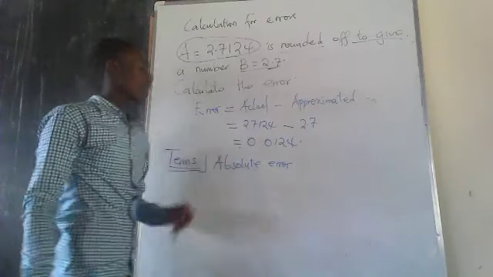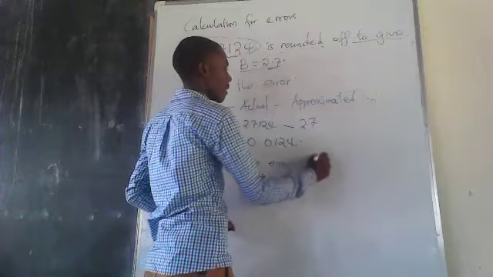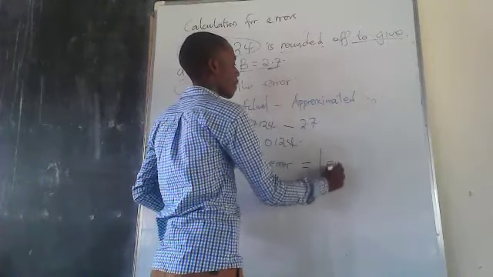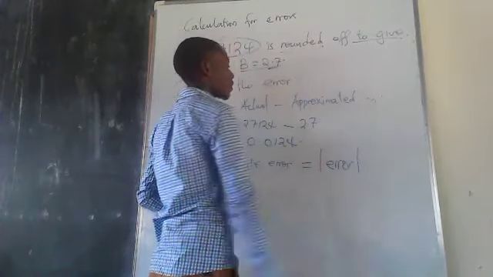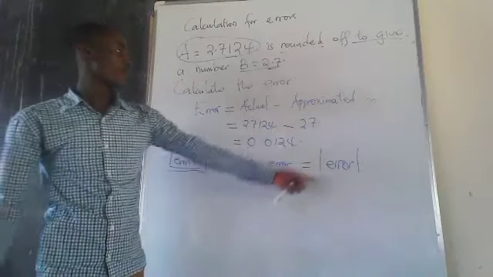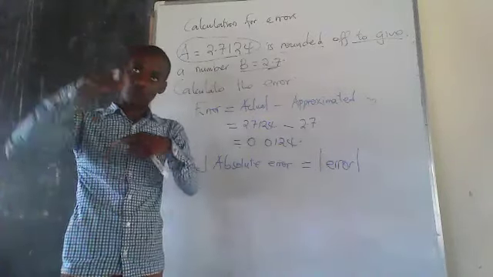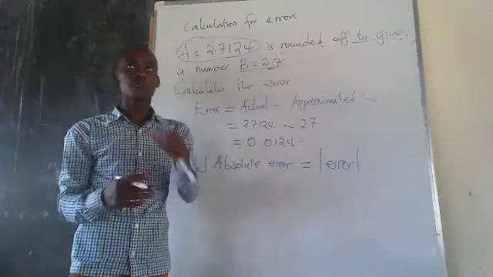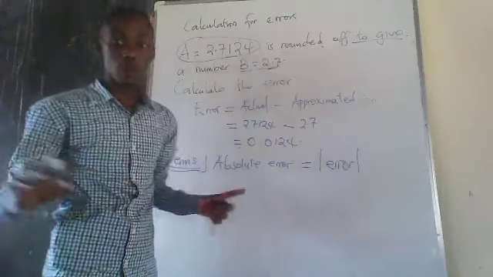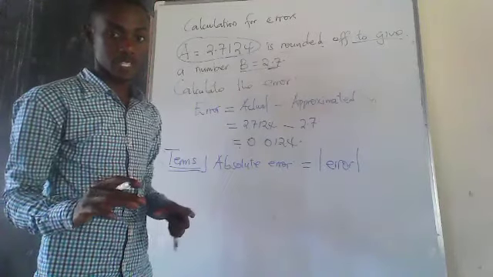And absolute error is just the magnitude of the error. So after getting your error, you come and get its magnitude. Magnitude means that you take the positive, even if your error has been a negative answer. You getting me?